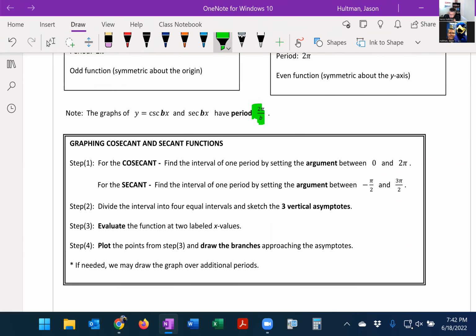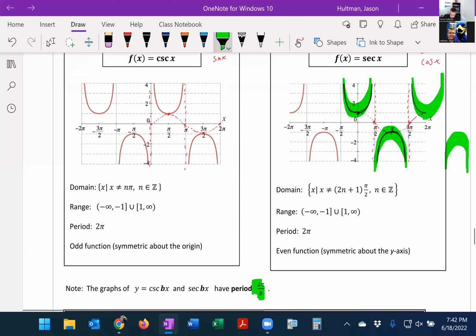For the cosecant, find an interval for one period between the argument 0 and 2 pi. For the secant, find an interval of the period -pi over 2 to 3 pi over 2.